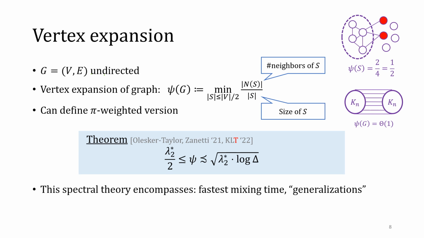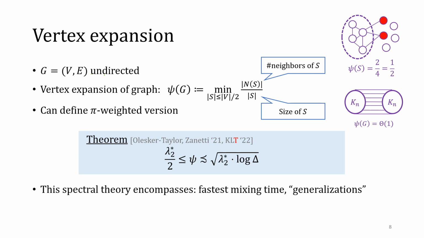A priori, it's not clear what reweighted eigenvalue has to do with vertex expansion. In 2005, Brock proved that lambda 2 star is less than psi, but since then, development of this connection has stalled for quite a while.